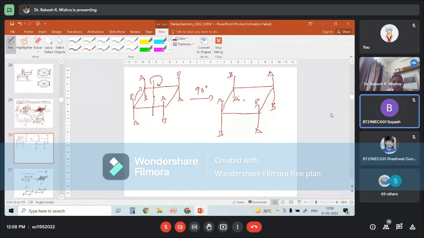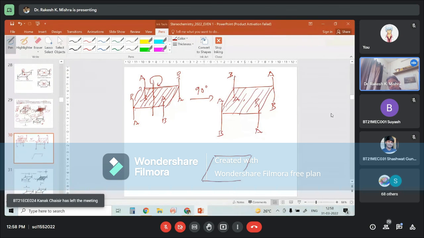Yes, sir. Okay. Then this was the axis, and then you have to do the reflection perpendicular to this one. This plane is perpendicular to that axis, so you assume this as a mirror. Put a mirror here and make the structure you are getting after that mirror. So this A was on the bottom.